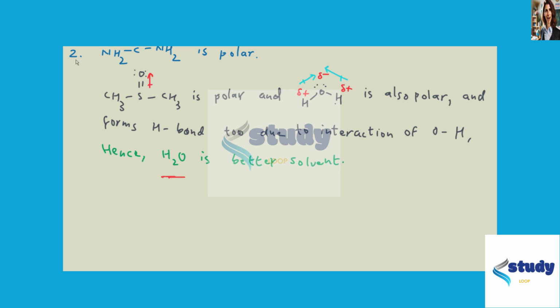Moving on to the next, we have the third part. This is CH3(CH2)4CH3. So what is this? This is hexane actually, okay, containing a total of 6 carbon atoms, and all carbon atoms are connected by single bonds. So this is an alkane chain with 6 carbon atoms, that is hexane.